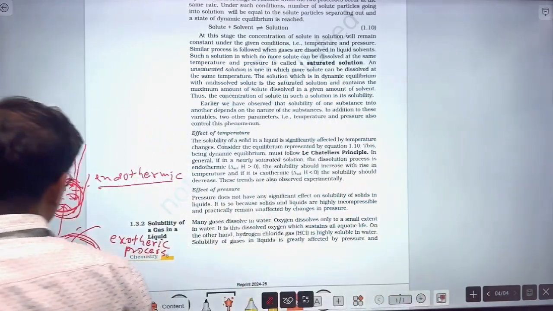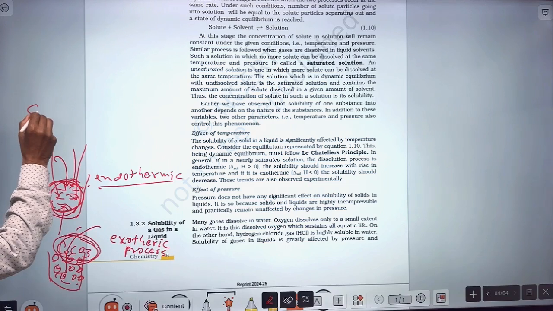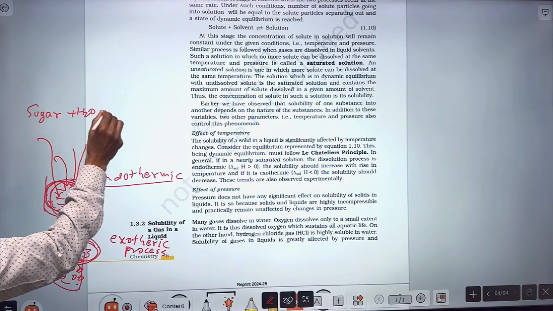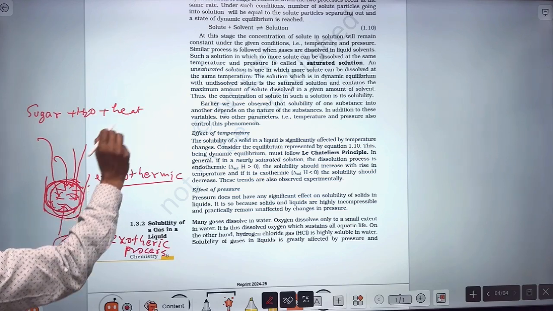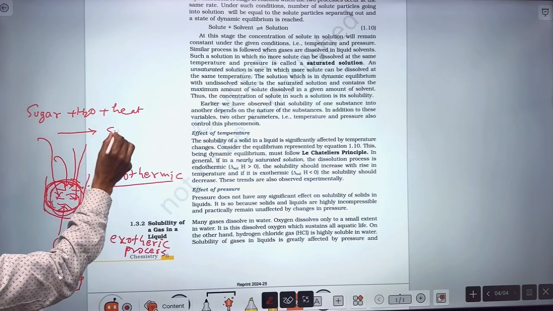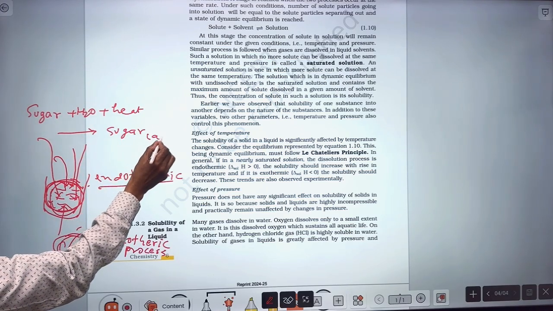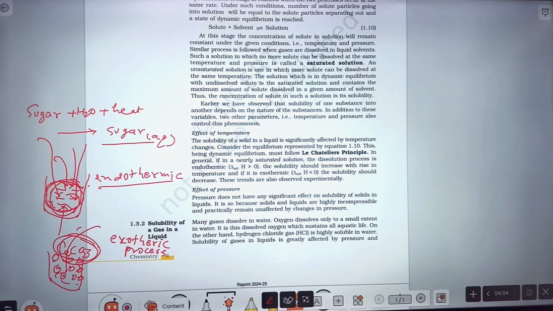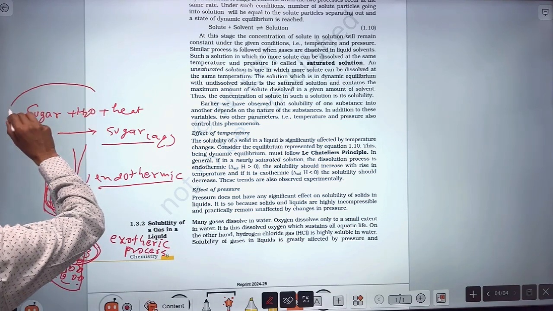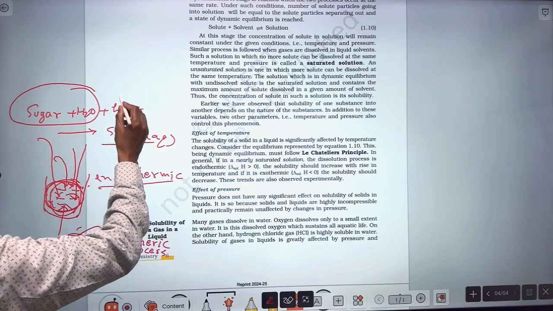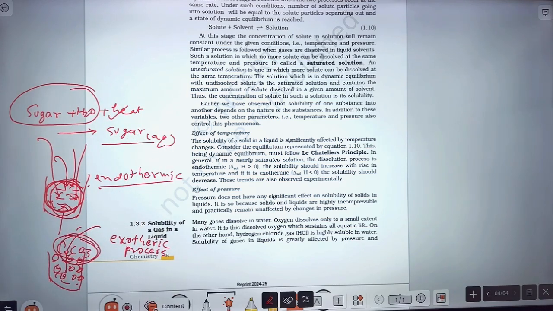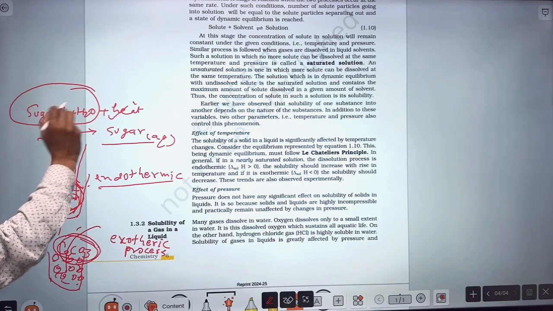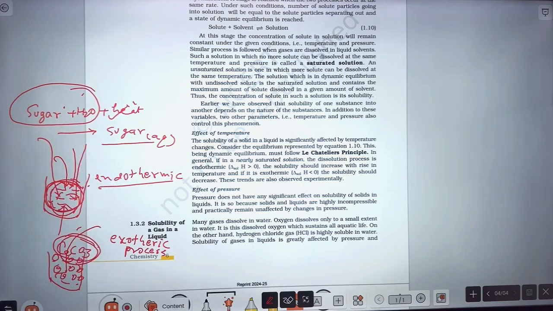What is happening actually? Sugar, when you add it in water, requires heat energy during that process, so the sugar comes into the aqueous state. Aqueous state means it got dissolved. So to solubilize the sugar, heat energy is required, and if you supply the heat energy, obviously this process will take place.